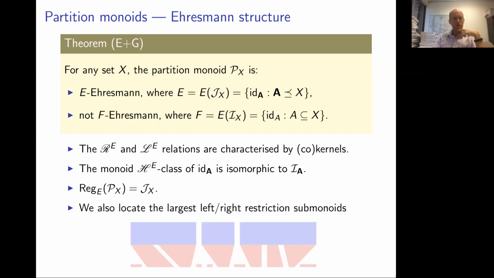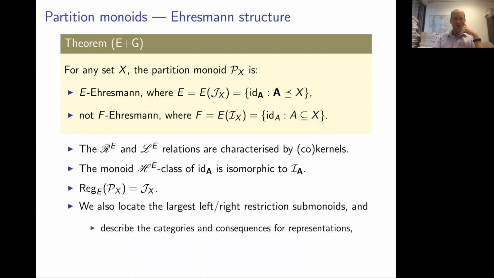You can also find examples of restriction monoids here, and that led to the definition of some fairly interesting new diagram monoids, which I don't have time to talk about today, but maybe will another time. And of course, we use the theory to describe the categories that come up, and looked at representation theory of these things.